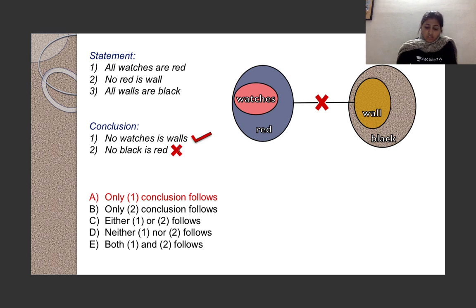Okay, how did you get E? Everybody has marked E. No, how? Why should both follow? How is all black not red? No, black is red. How is that true?